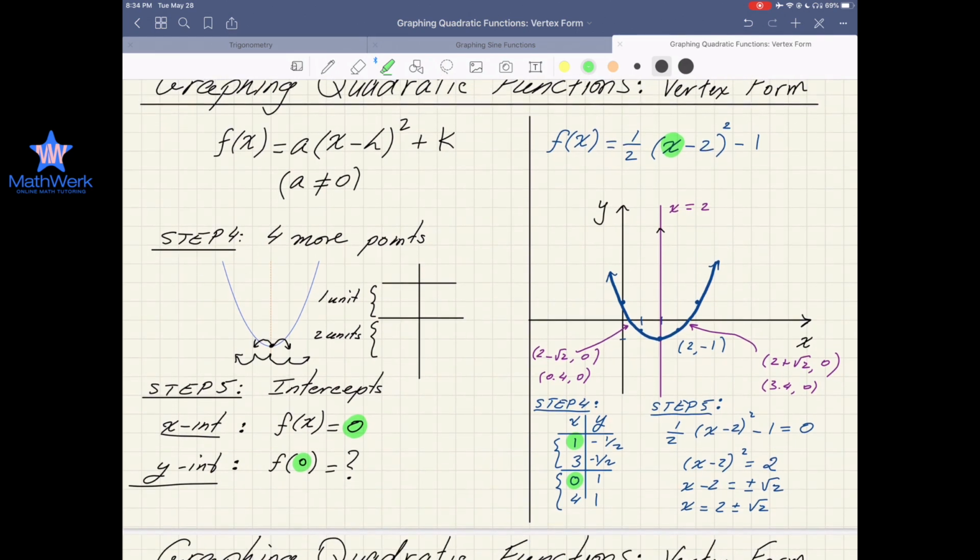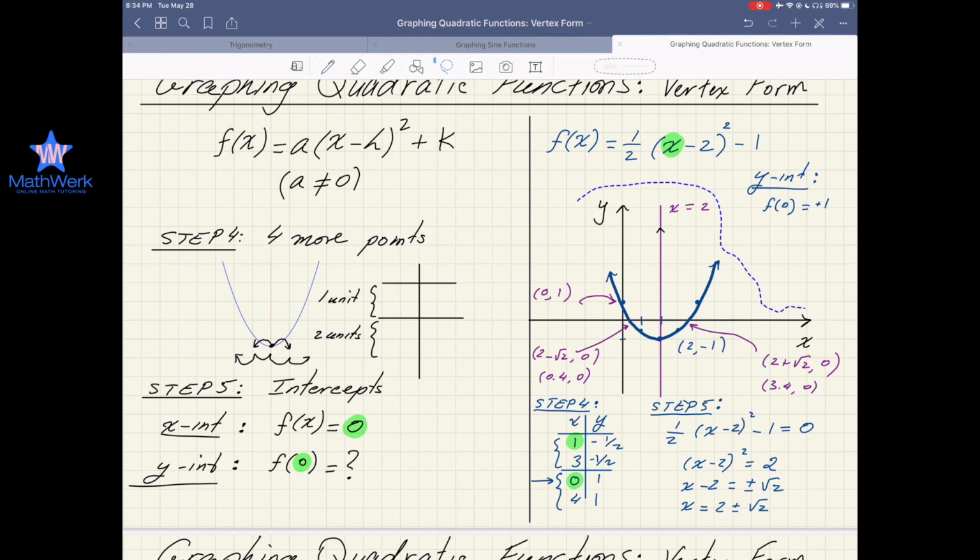Okay, so if we plug in 0 into our function here, you get positive 1, which happens to be one of the points we picked. So we can label that right here, the y-intercept as 0, 1. Okay, so that completes step 5.